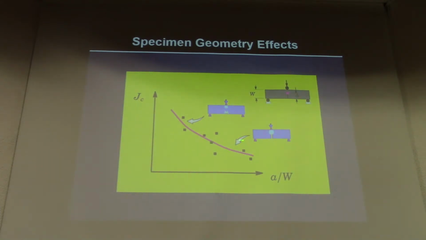For example, a deep crack, high constraint specimen with the same material, tested at the same temperature, will have lower JC values than a shallow crack. So this is the a over W ratio. You can see here a schematic increase in toughness.